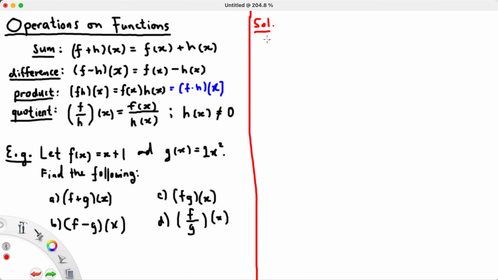So a is f plus g of x, so that's the sum function. We're going to write that as f of x plus g of x.